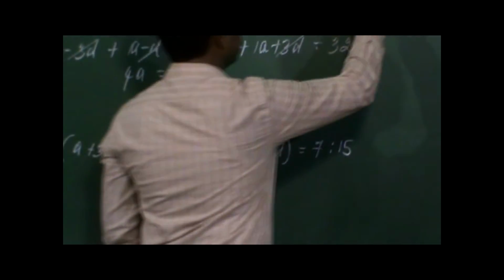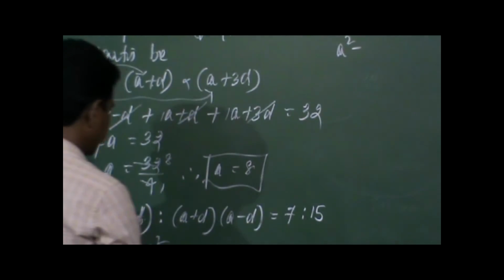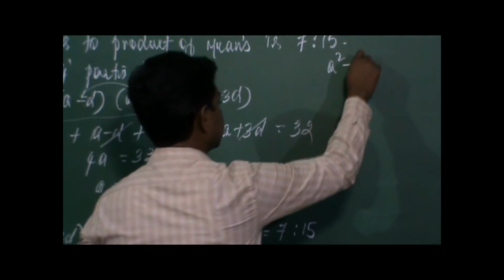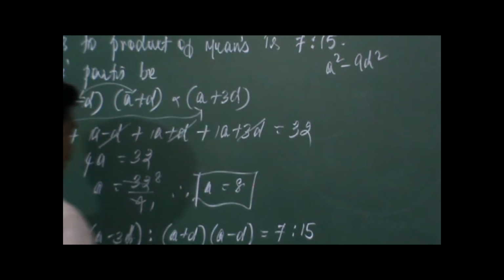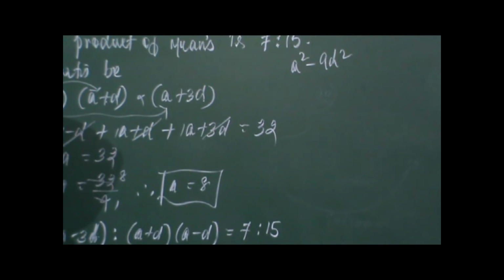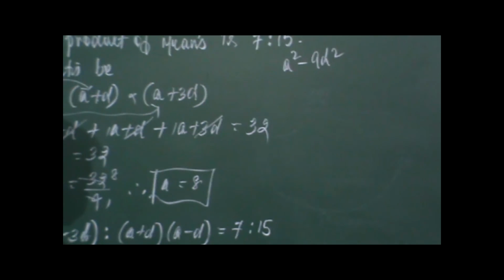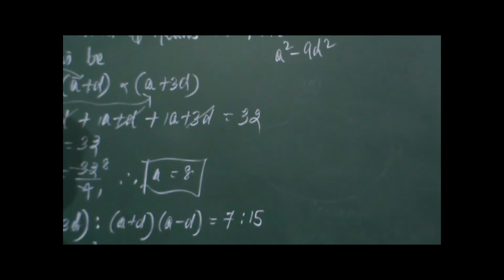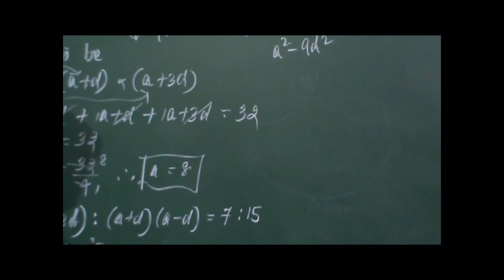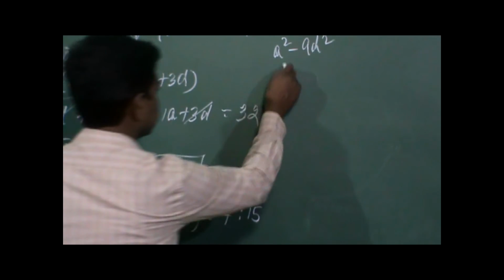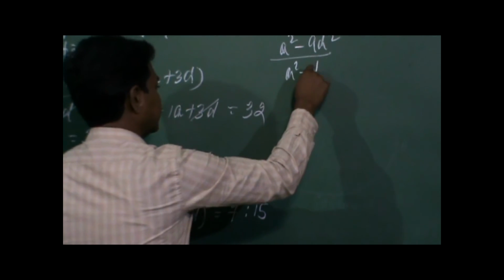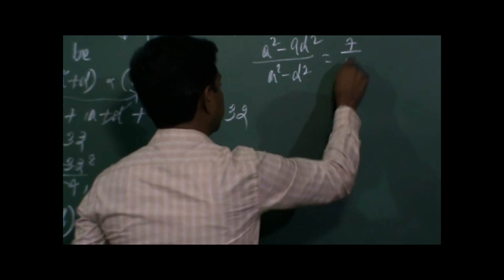a square minus 3d whole square can be written as 9d square, because according to the law of indices, for both the terms which are getting multiplied inside the brackets, the power gets applied to both terms. So 3 square is 9, d square is d square. So a square minus 9d square by a square minus d square is equal to 7 by 15.